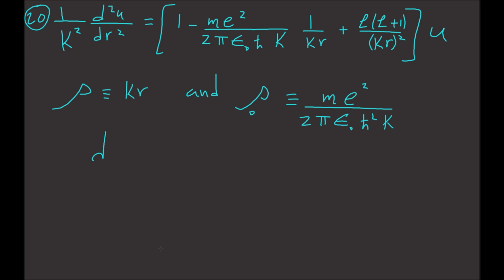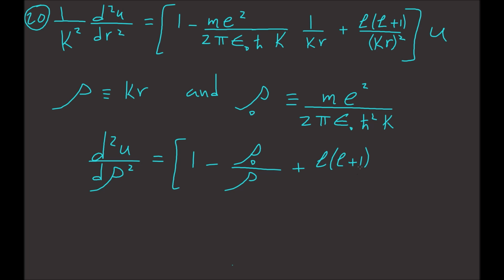We have the second derivative of u with respect to rho, because now rho has r in it, equals 1 minus rho naught, which is a constant, divided by rho, plus L times L plus 1 divided by rho squared, times u. Let's call this equation number 21.